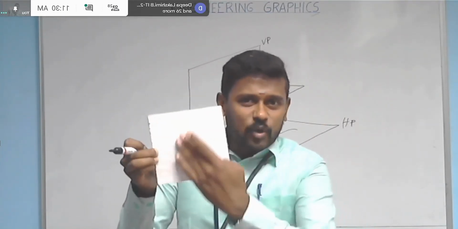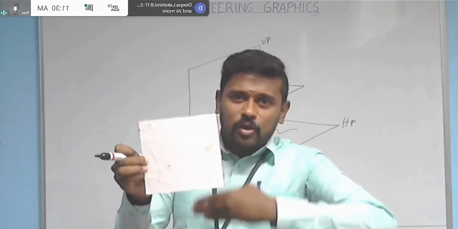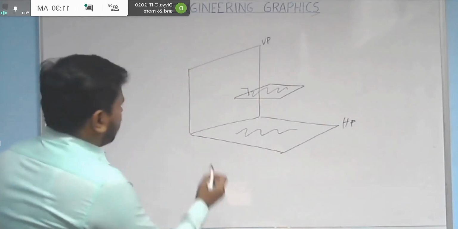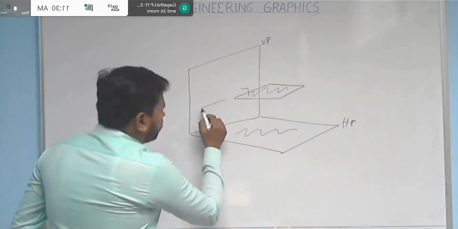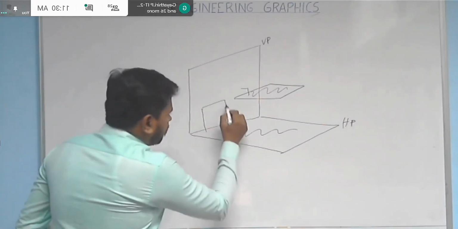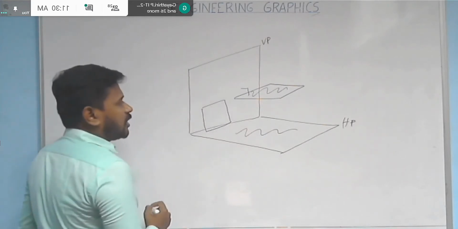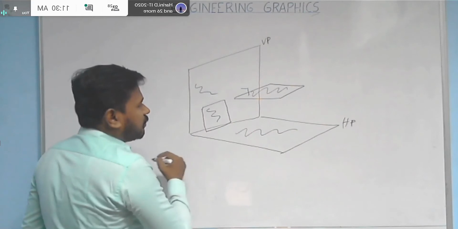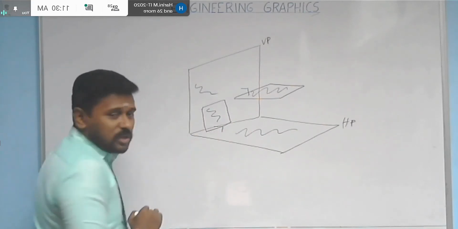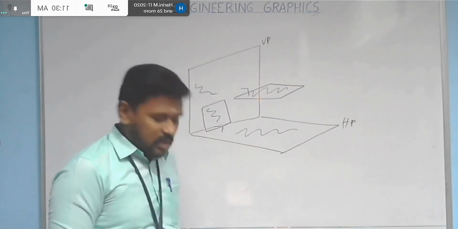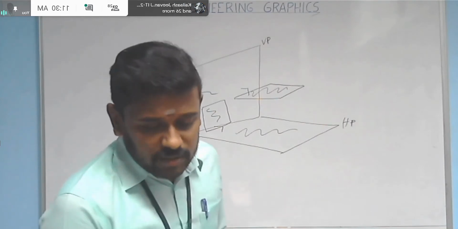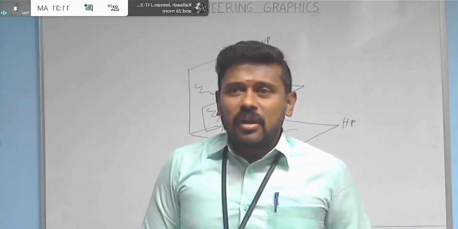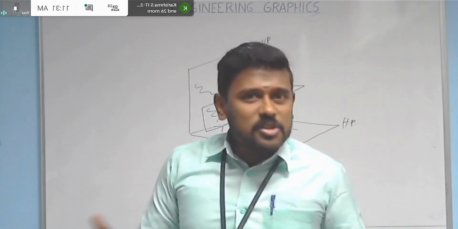Now this square plane surface is parallel to the vertical plane and perpendicular to the horizontal plane. Okay. So in this way you can view the angularity relation between the object plane and our principal planes.